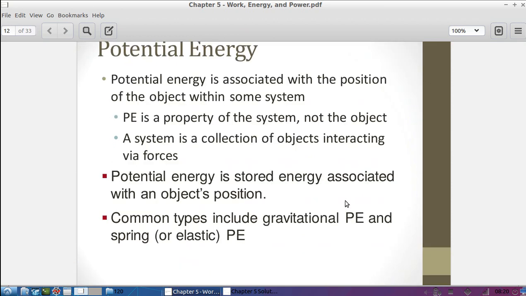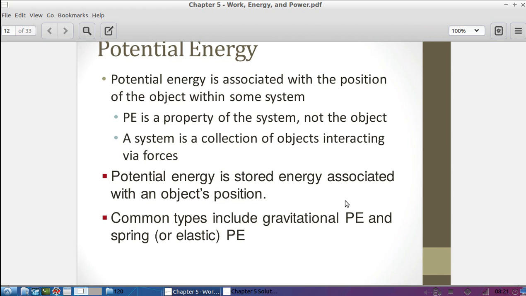That means if something's stationary relative to your reference frame, it doesn't have kinetic energy. Our second type is potential energy. We're going to first deal with gravitational potential energy. Potential energy is associated with an object's position within some coordinate system.